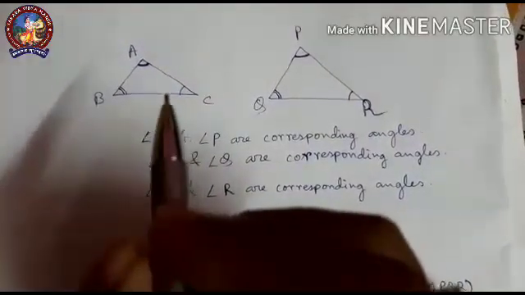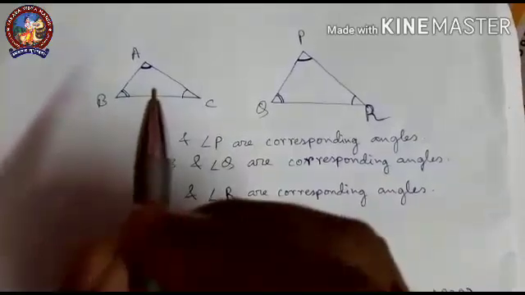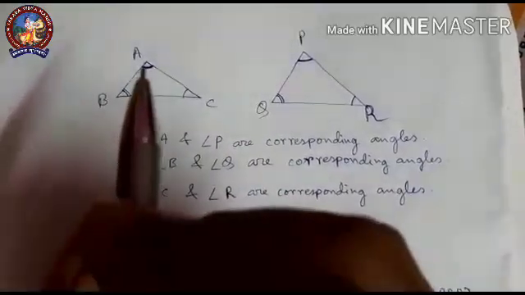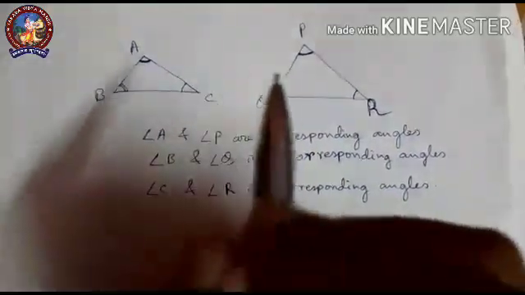If I have to show these two triangles are similar, then these three pairs of corresponding angles must be equal.